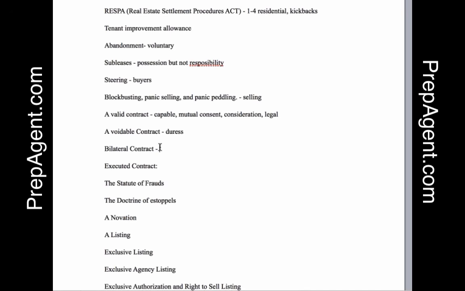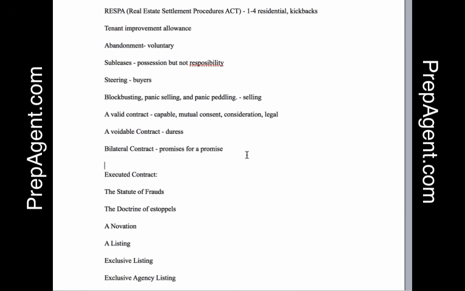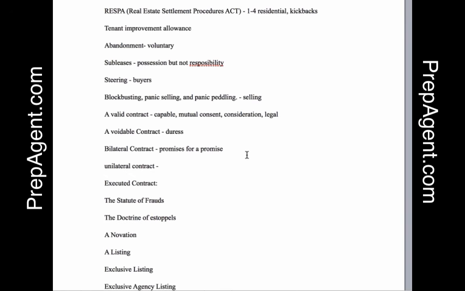Bilateral contract. Promise for a promise. Bam. Which would make a unilateral contract like a wanted poster.